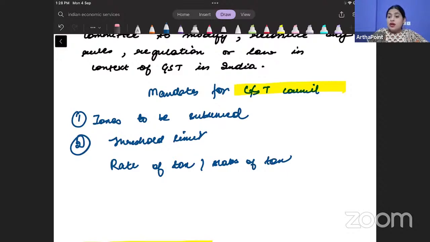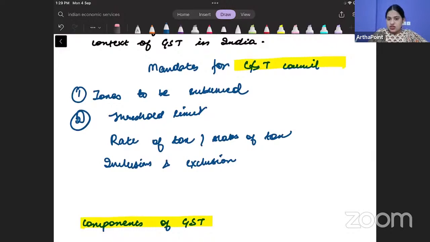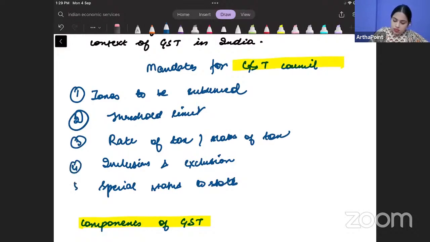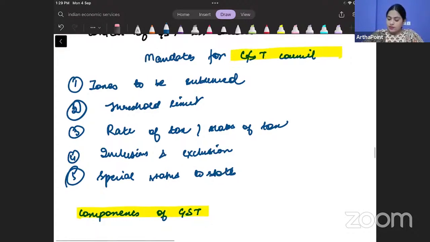Then the inclusions and exclusions. कौन से प्रोडक्ट्स इंक्लूड किए जाएंगे जीएसटी में और कौन से प्रोडक्ट्स इंक्लूड नहीं किए जाएंगे जीएसटी में, राइट? स्पेशल स्टेटस टू सम स्टेट्स. So all of this, because this is all decided by GST Council. So the aim of GST Council is to ensure that there is smooth working of the GST. GST एकदम smoothly चले. Okay, fine.